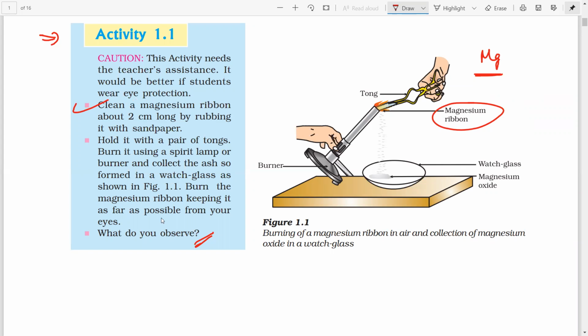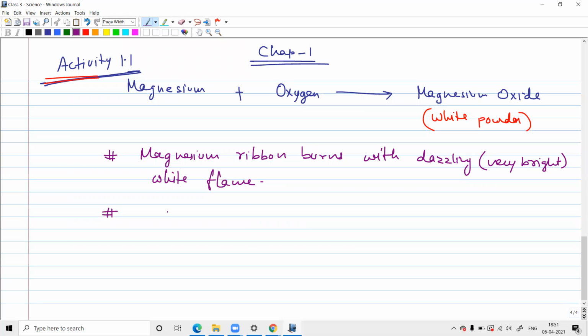Next point was, a white powder is formed, and this powder is actually magnesium oxide. And then also one small point to remember is, why do we clean that?